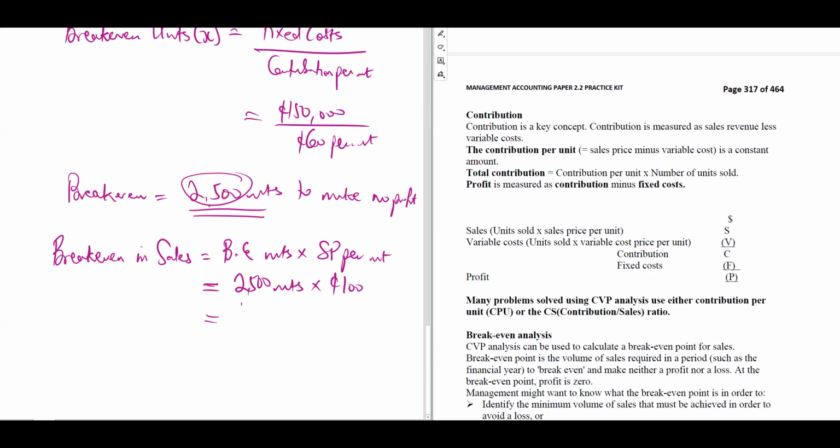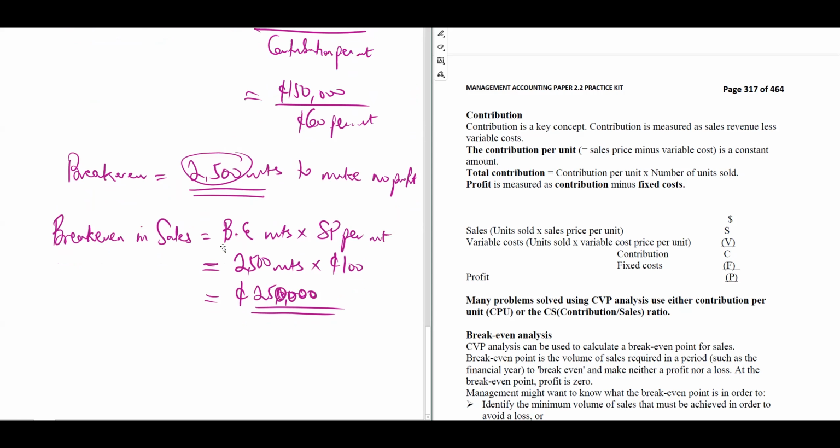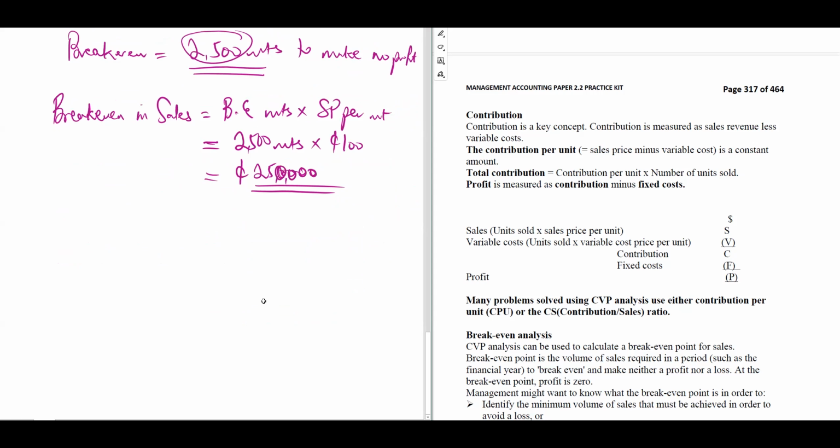So that means that we must have sales revenue of 250,000, not so. Sales revenue of 250,000 to break even. Okay. So this is how you get your break even in sales, because we want to know how much sales we must sell to help us make profit of 0.